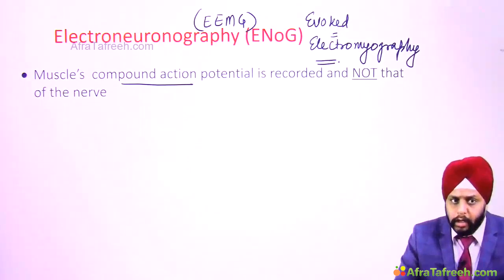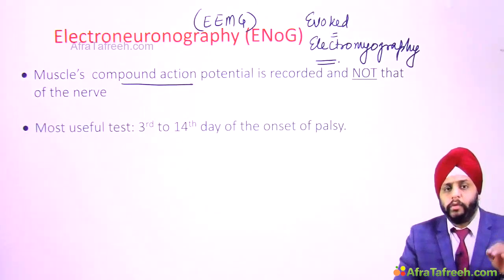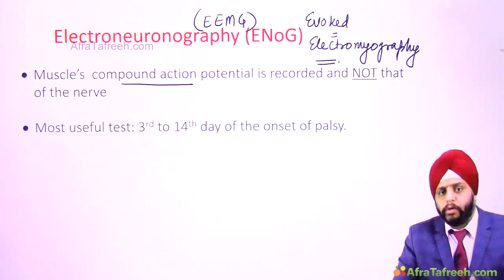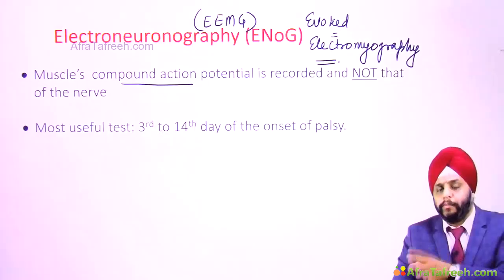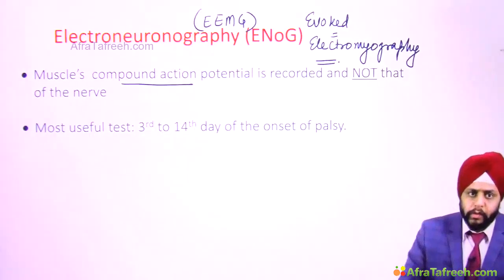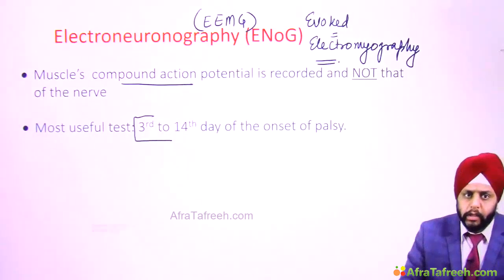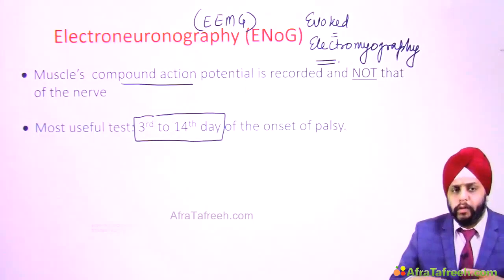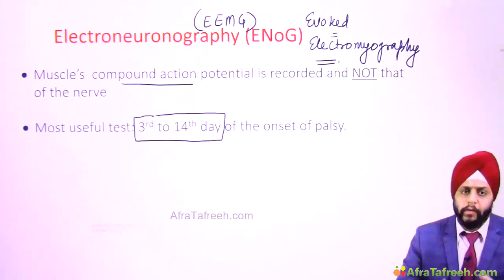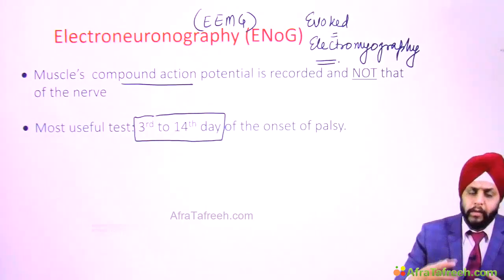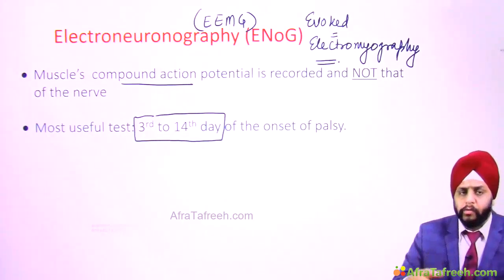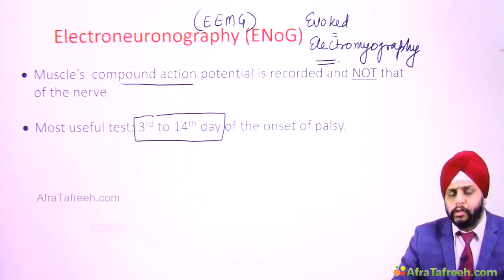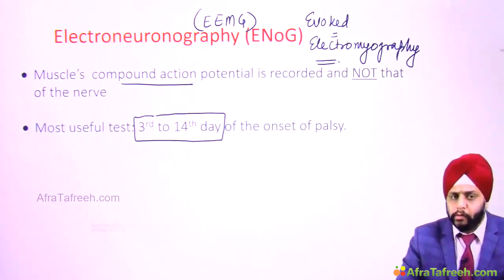Now this is useful from the 3rd day to the 14th day of onset of palsy. After the 14th day, some interference starts with the muscle if there is regeneration or anything, so this test becomes less useful clinically.